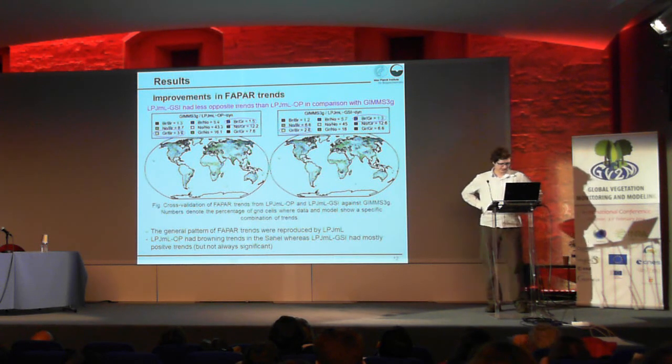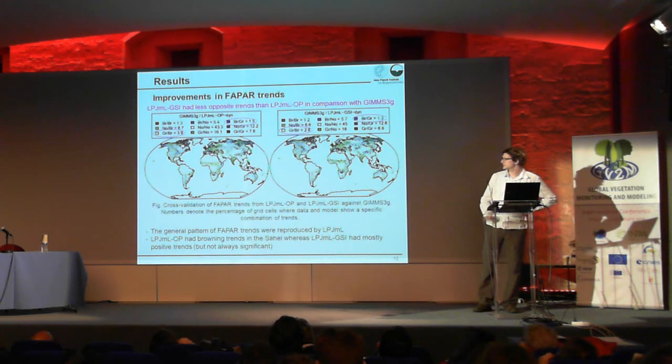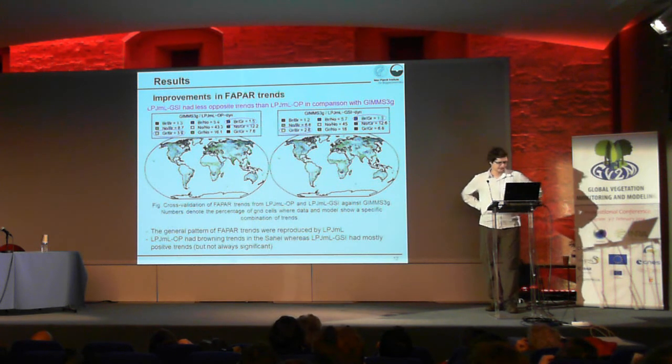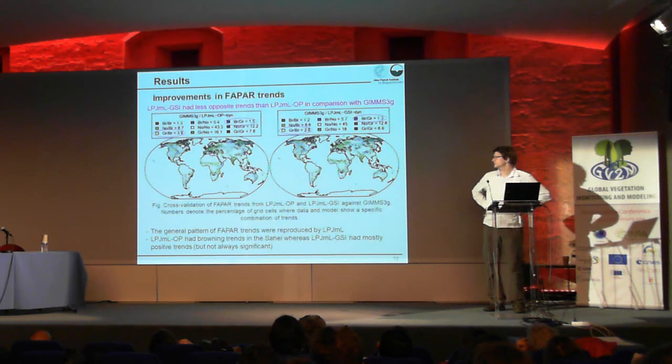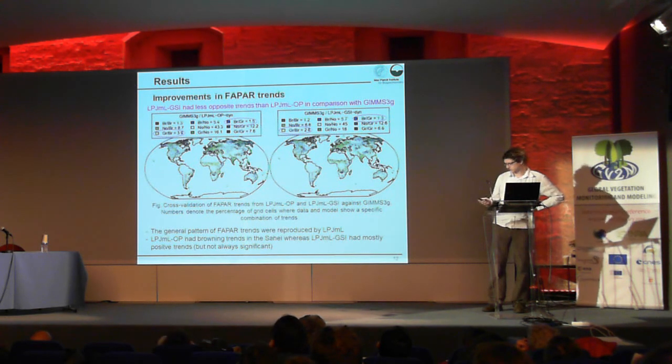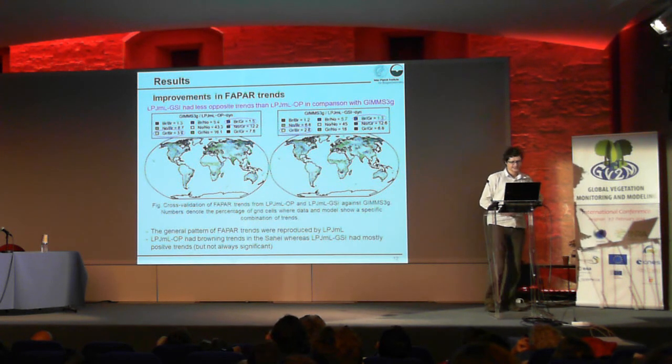Yes, in terms of trends, this is a bit more difficult, I think. But here we can see BR means browning, NO means no trend, and GR greening. And this is like a confusion matrix between GIMMS and old phenology, and GIMMS and new phenology.